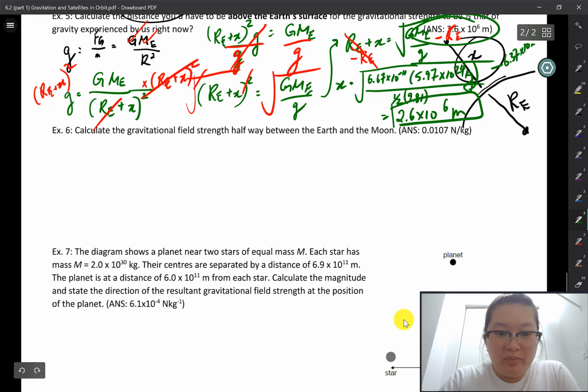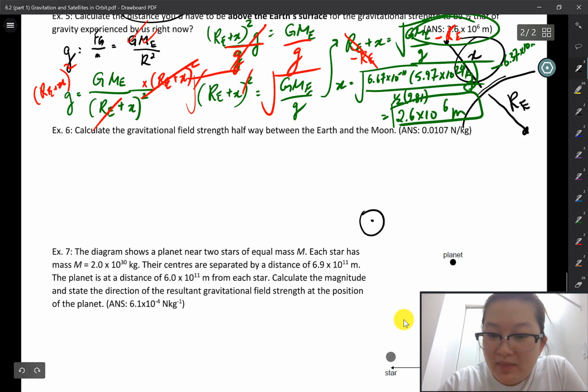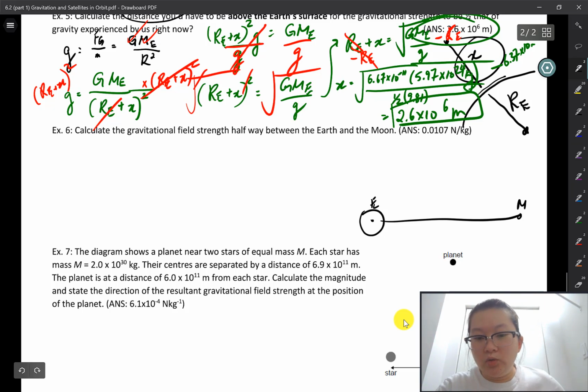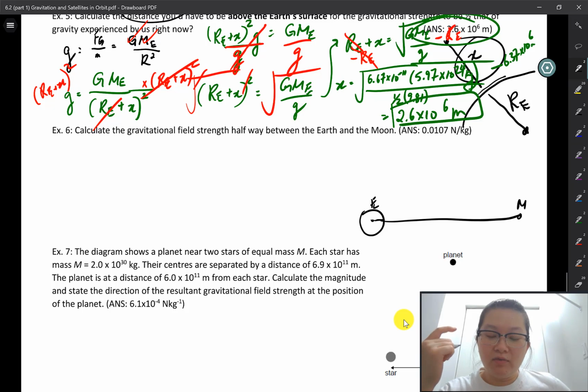Okay, let's draw a picture, of course. So we've got the Earth over here, and the Moon, let's say it's over here. We're actually told the orbital radius, which I mentioned what it represents in the previous video. The Moon's orbiting around the Earth at a set distance, and the orbital radius is exactly the distance from center of Earth to center of the Moon.